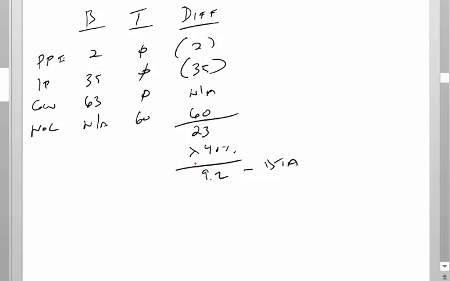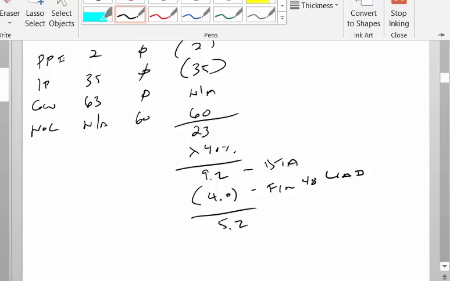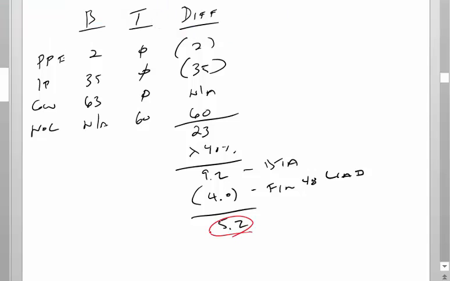I'm inheriting exposure of $4 million, so I've got to book a credit to my balance sheet of 4 for my FIN 48 liability. So my net tax entry to Goodwill is 5.2 asset. So that means my total Goodwill is going to be the sum of this 5.2 and that 63. So it'll be 68.2 when I'm done. I don't know.